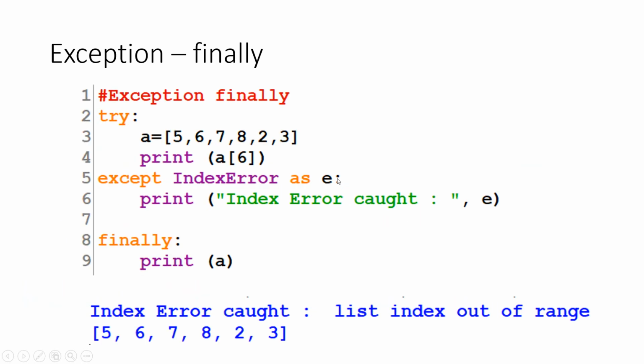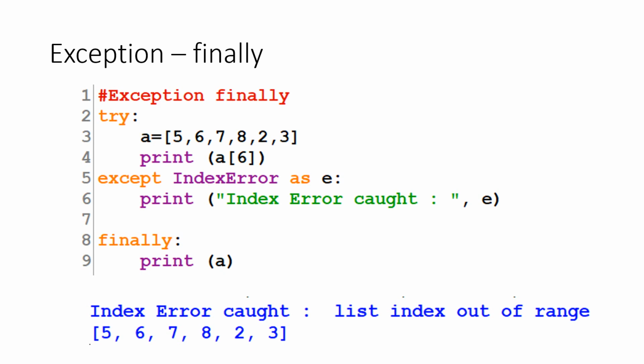And also there is another important thing here, which is using a finally statement in exception handling. We have seen earlier that when an exception is thrown, it is caught and displays the details of the exception, and immediately the program gets terminated.